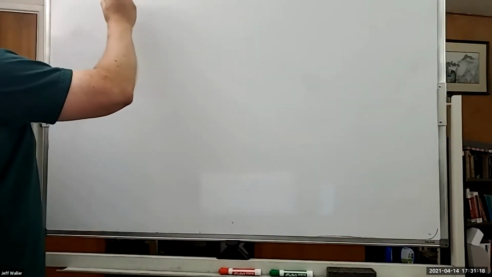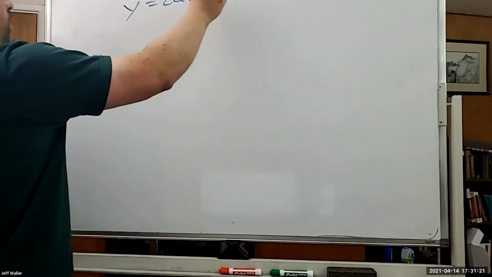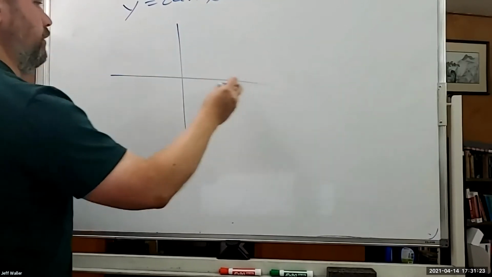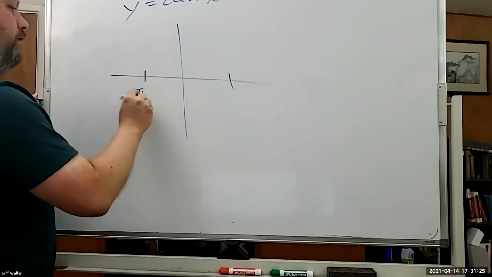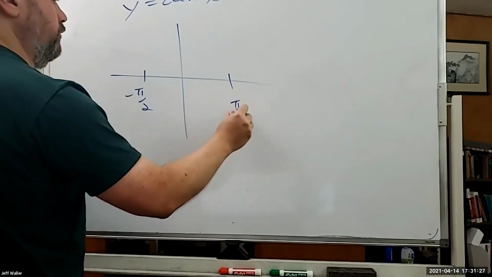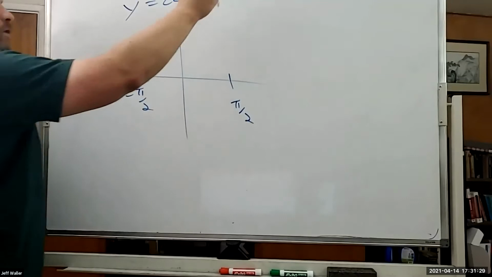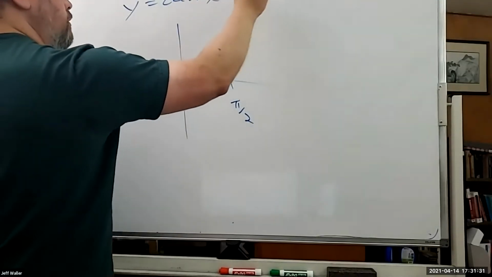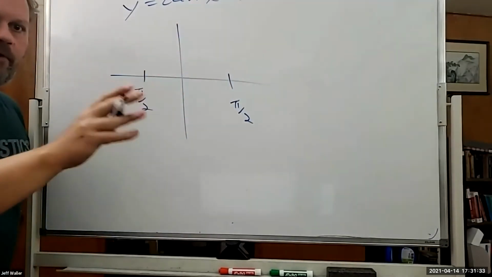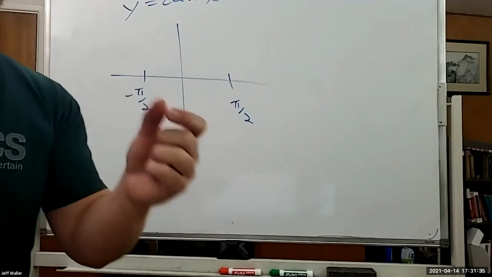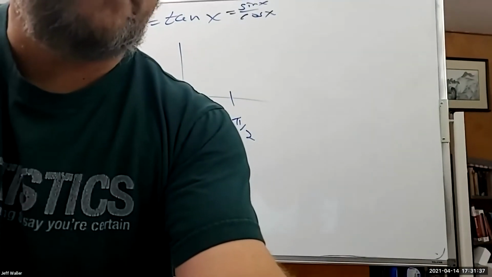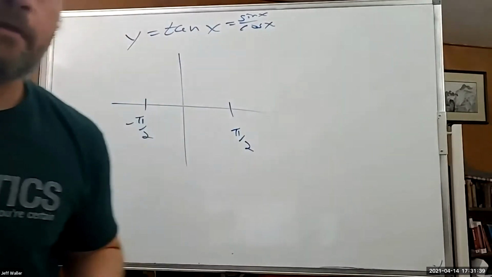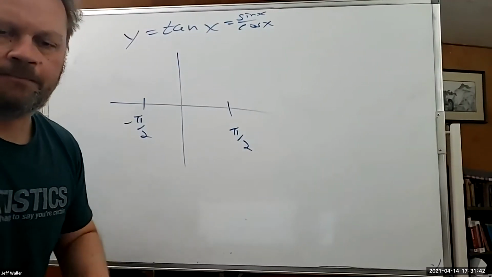Just real quick, in case somebody wasn't here, tangent basically lives between these two, even though it goes forever. Tangent is sine over cosine. So wherever cosine is 0, there's going to be a major problem. How does that translate graphically?